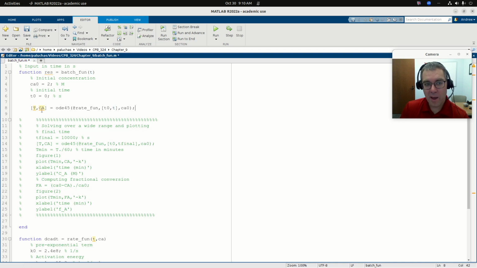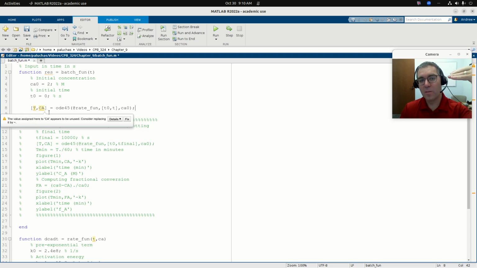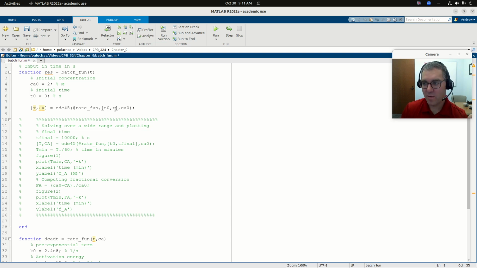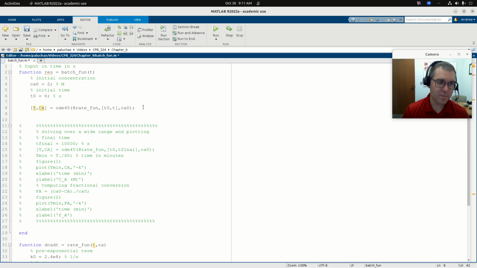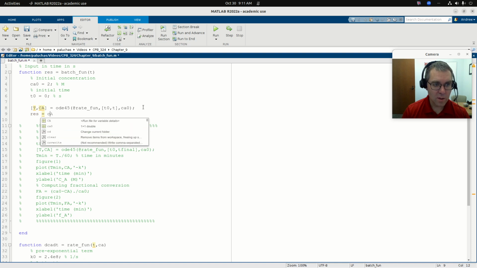Because when I look at my output variables, the first element of CA is going to correspond to the initial concentration. The last element is going to correspond to the concentration at my final time, which is at t, which is what the user is looking for. So in that case, res is going to be equal to CA end.